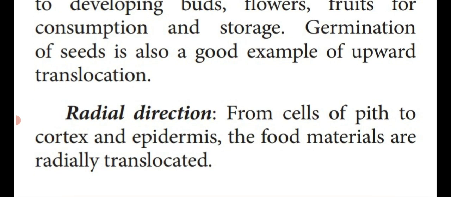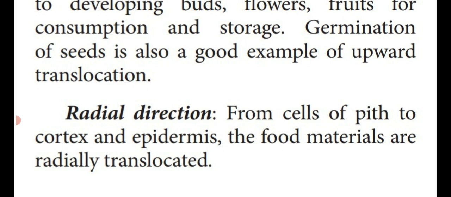Next one, radial direction. The food material is translocated from the cells of the pith to the cortex and the epidermis. We all studied this in the anatomy lesson. At the center of the vascular tissue is the pith region. The pith has a storage function, so the pith stores the food material.